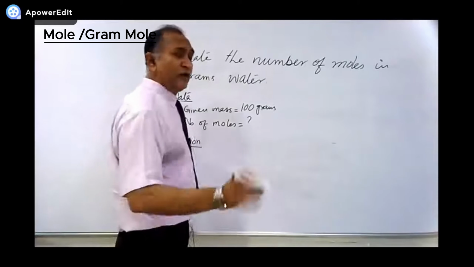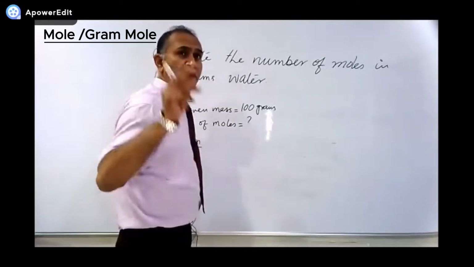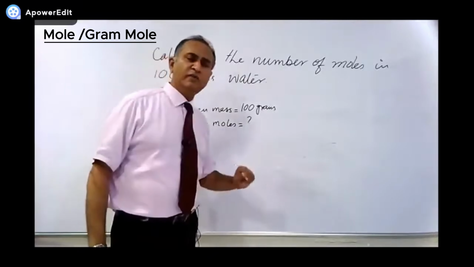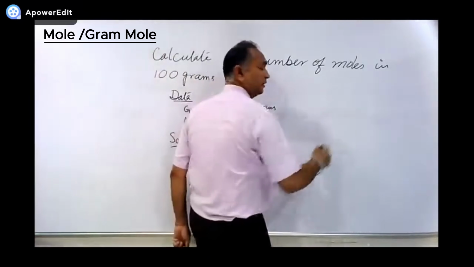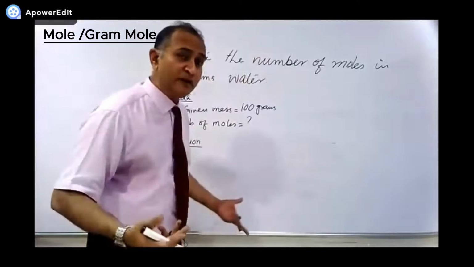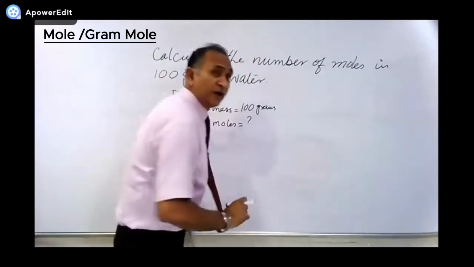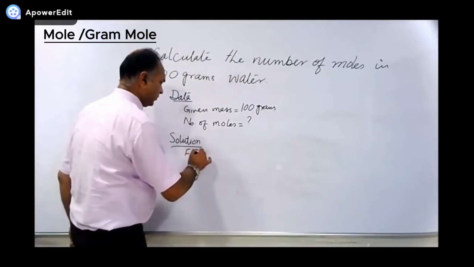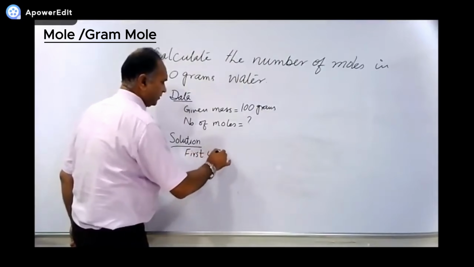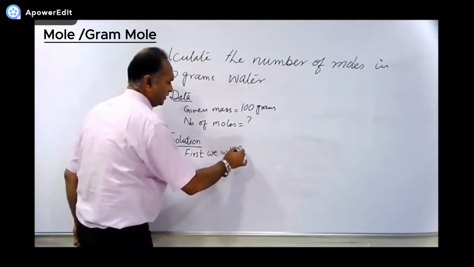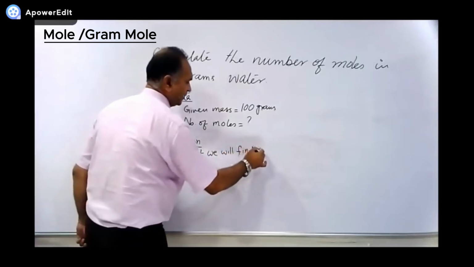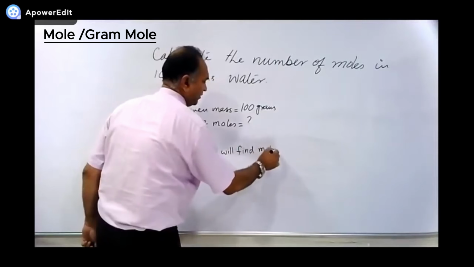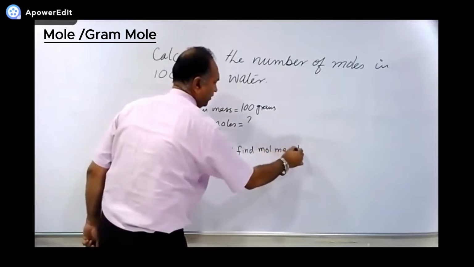What is the formula to find the number of moles? Number of moles means given mass upon molar mass. So first we'll find the molar mass of H2O.